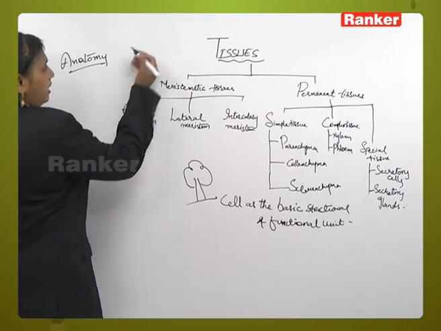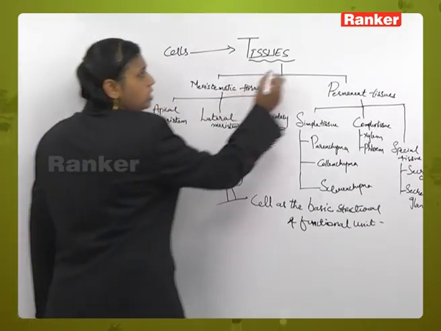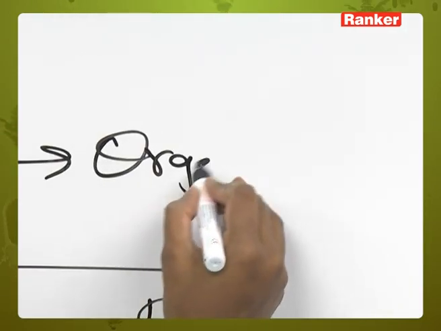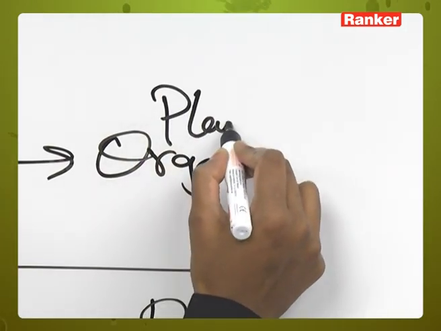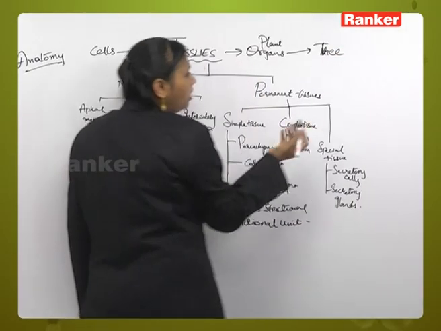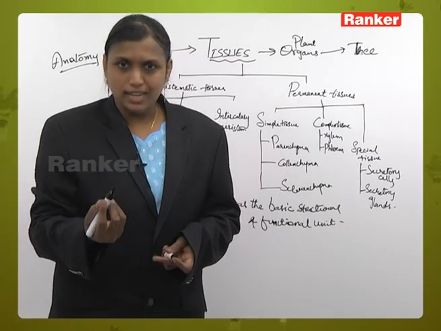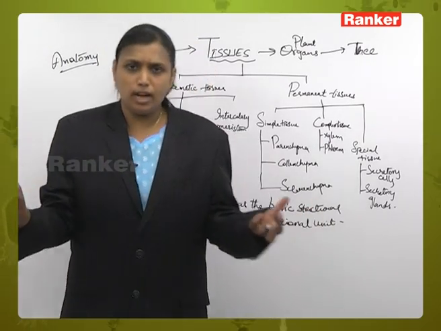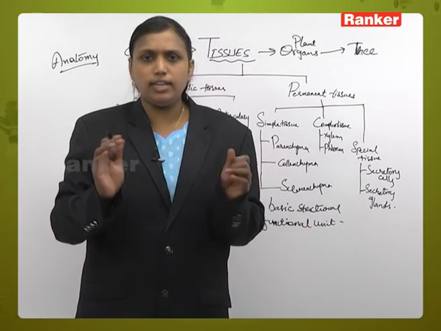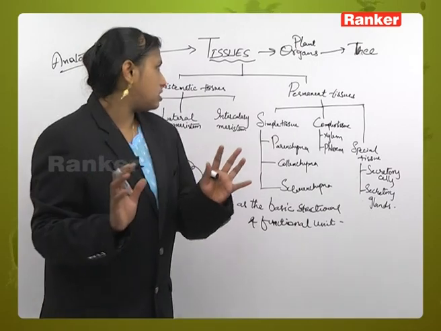So for example, groups of cells will give rise to tissues, tissues will give rise to plant organs, and plant organs will give rise to a total tree. Or like the human body: it is made up of first a small cell, and again it will develop its different arms, hands, legs, eyes, then we have a total body structure developed, or the total organ system is developed.